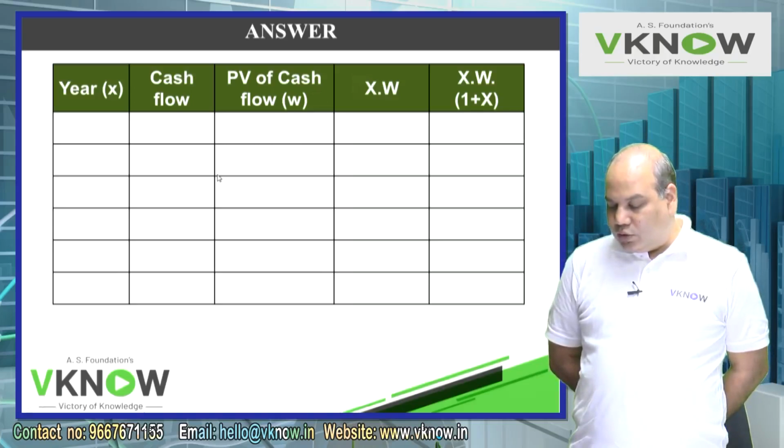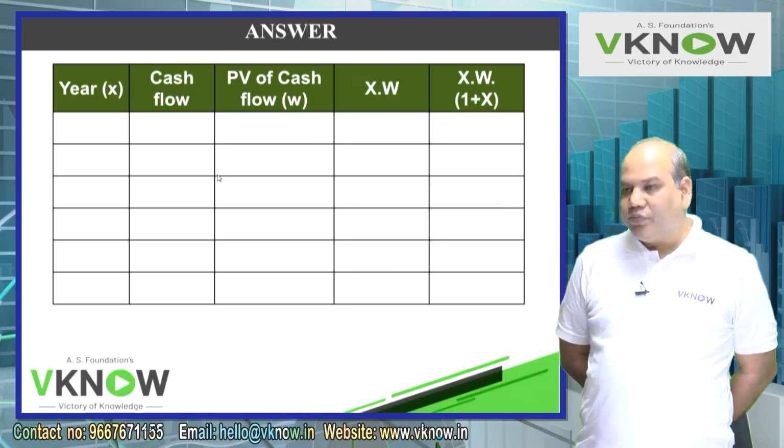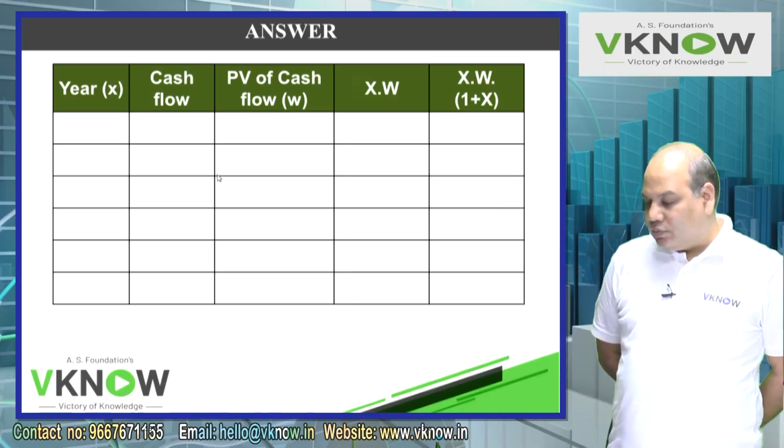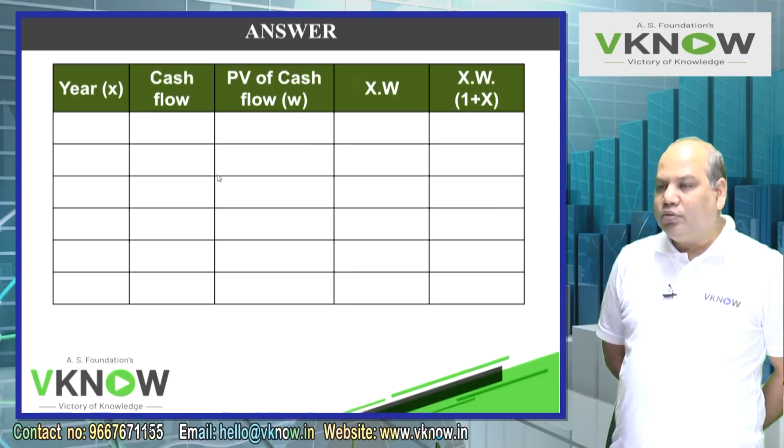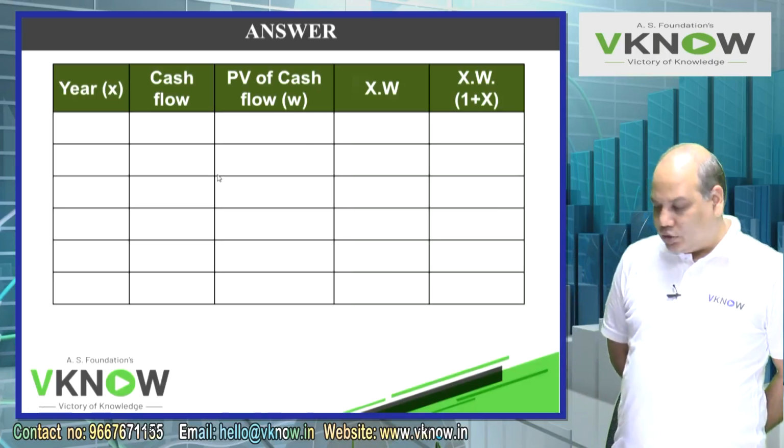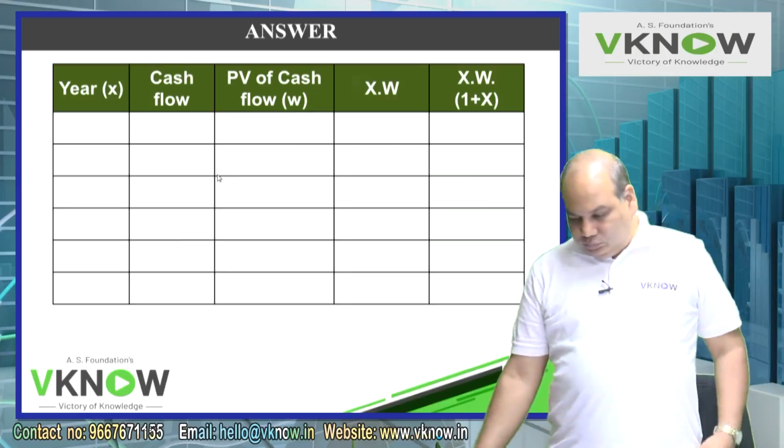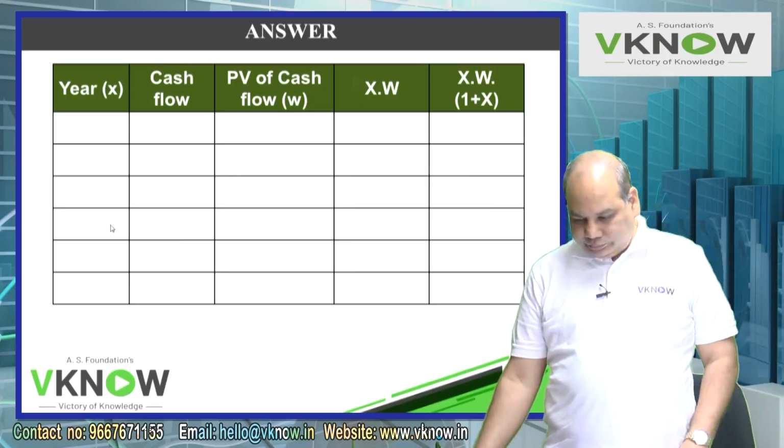X into w will help you to calculate duration, and x into w into 1 plus x, that will be required for convexity calculation. So we'll solve one by one.